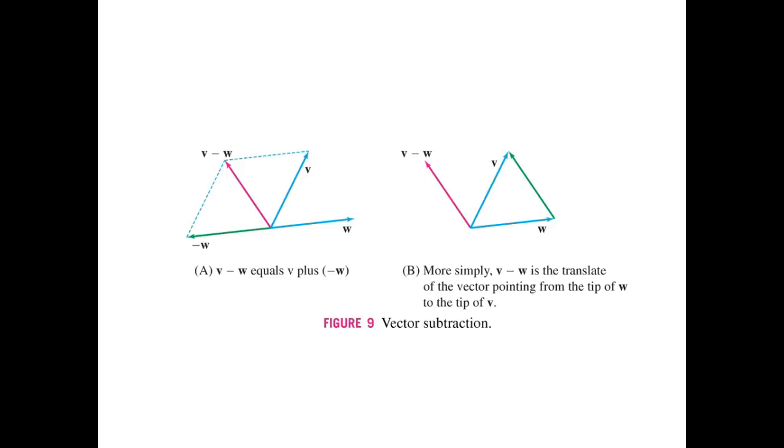Let's call it R. So if V minus W is equal to R, then V is equal to R plus W. Sure enough, R plus W gives you V. So if you started with V and put your W here, this is your resultant, what I was calling R, now it looks like G because it's green. G plus W is equal to V.